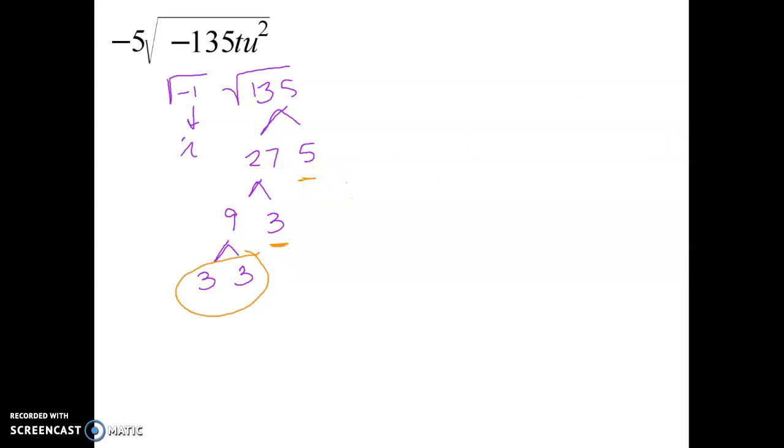All right, so let's see what goes on the outside. Well, I've got this -5 out here, and I know I need to multiply because there's nothing written right there. So -5 times. All right, now I'm going to have a 3 right there because I have 3 in my circles. And on the inside, I have a 3 and a 5.